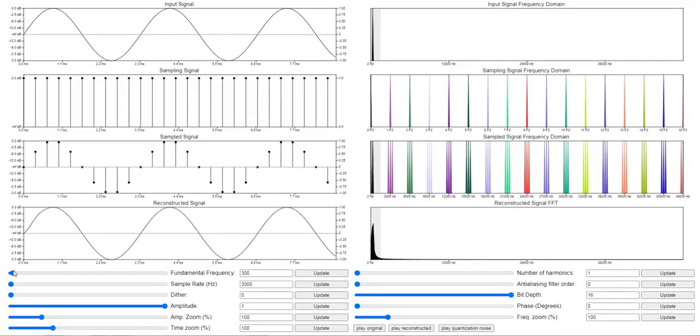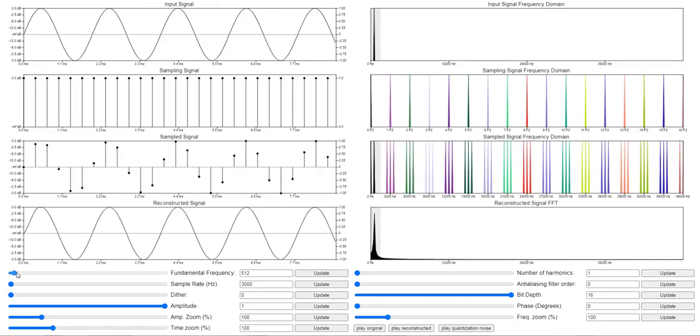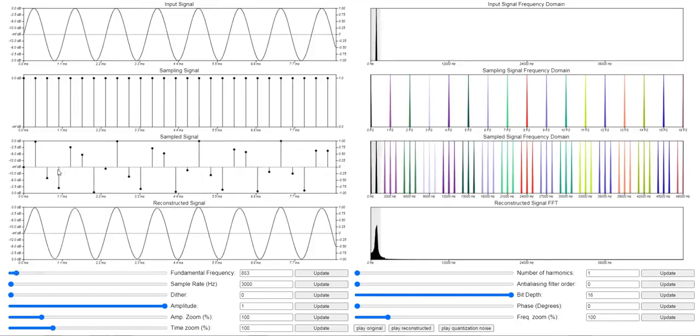So of course now if I increase the original signal, you will see that these amplitudes will change, and I will have fewer and fewer samples. It's a similar effect as keeping the input signal frequency constant and decreasing the sampling frequency. I have fewer samples per period.